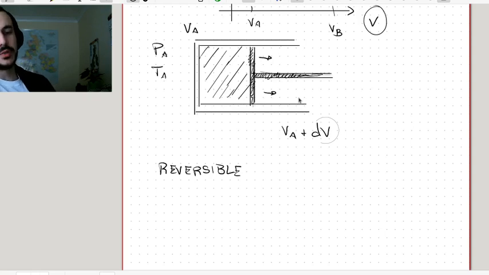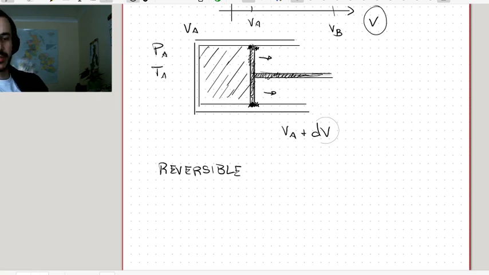So that process, yes, sure, it will be quasi-static, but in real life this piston is not going to move without friction. So there always will be some frictional forces proportional to the velocity. Even if the velocity is tiny, that I'm moving this piston outwards, it will be finite.